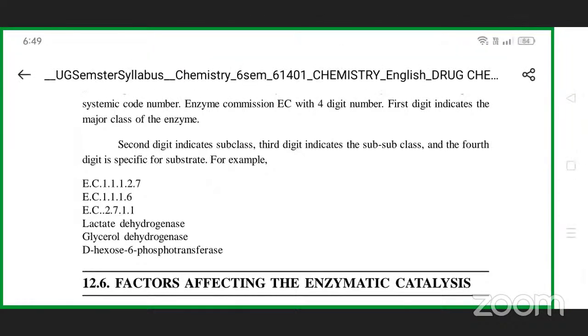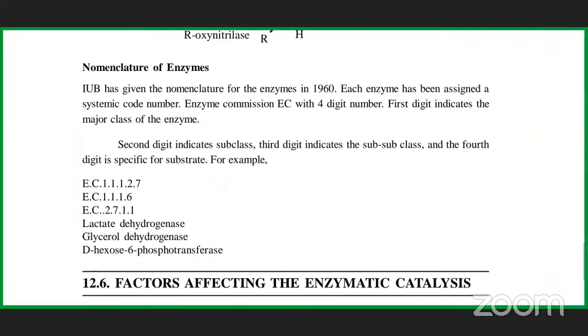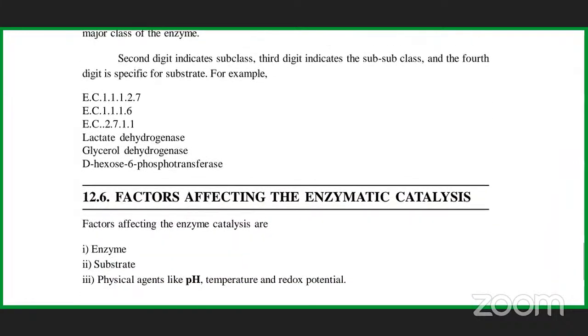For example, EC 1.1.1.27, EC 1.1.1.6, EC 2.7.1.1, such as lactate dehydrogenase and glycerol dehydrogenase. All these are kinds of subclass and sub-subclass.